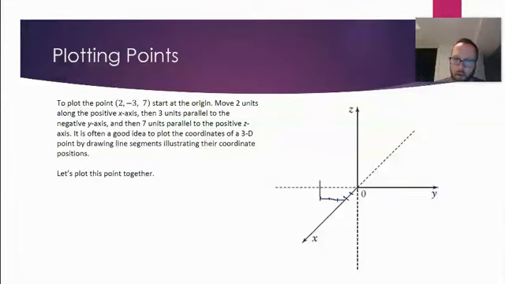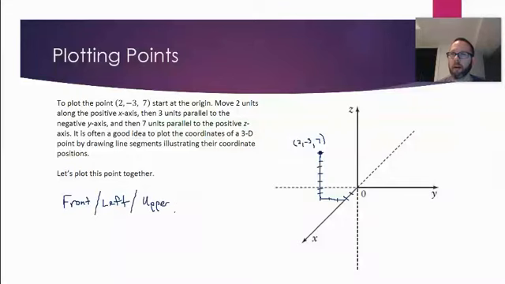So 1, 2, 3, 4, 5, 6, something like that. And here we go. This would be the point 2, -3, 7. And you can see it's in the front, it's in the left, and it's in the upper octant.